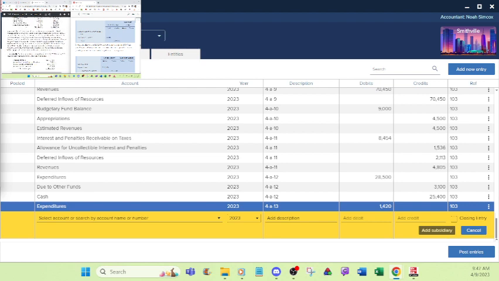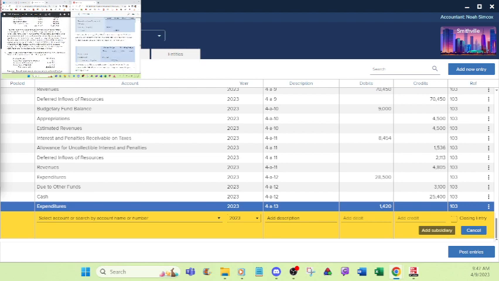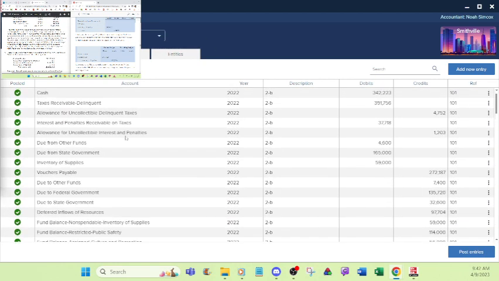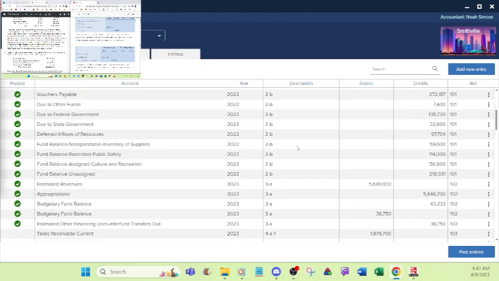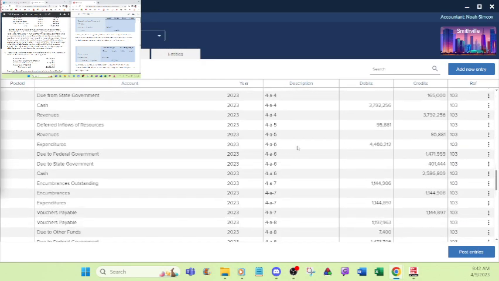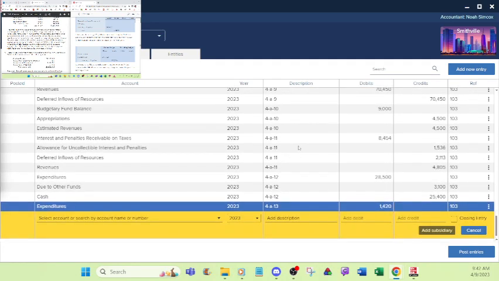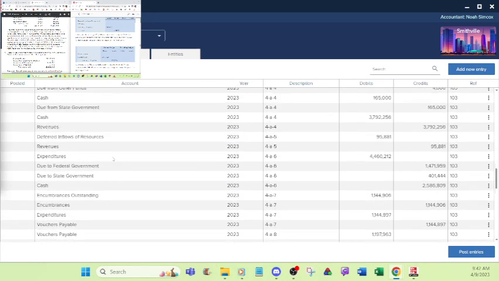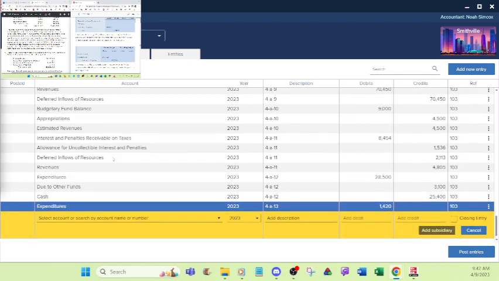It doesn't say that anywhere. This sucks.